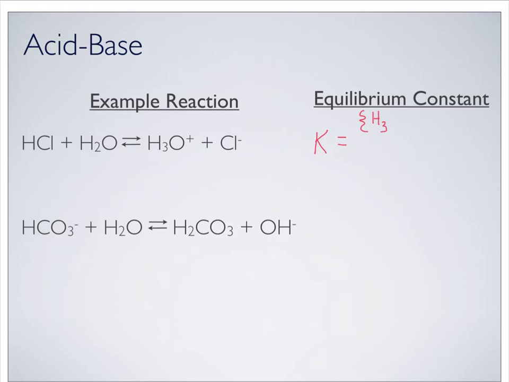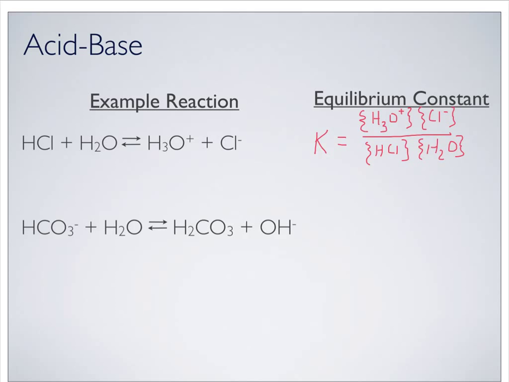So this is H3O plus times the activity of the chloride ion concentration, and then we're going to divide by the activity of HCl times the activity of H2O. Alright, so that's our equilibrium constant for our first reaction.